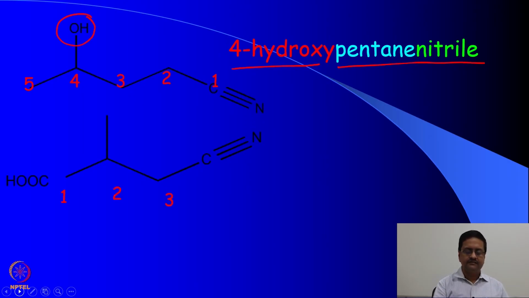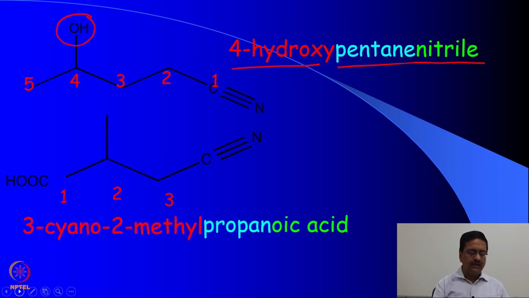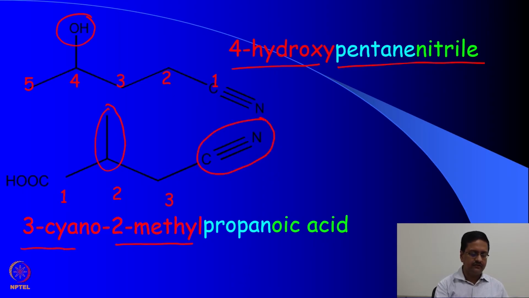In the second case, we write these numbers as 1, 2 and 3 and do not count that fourth one, and write it as propanoic acid, that is the beginning, and then we have a methyl substitution at 2 position and cyano substitution at 3 position. So, we write the total name as 3-cyano-2-methylpropanoic acid.